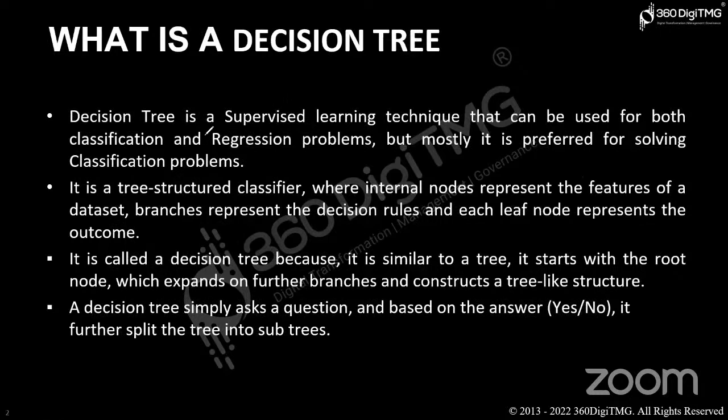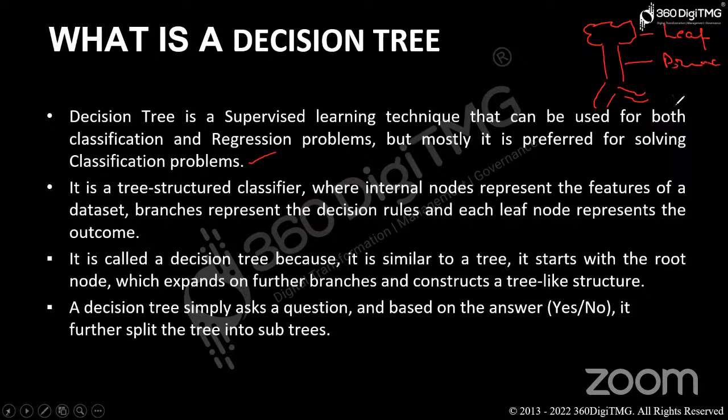Besides classification, a decision tree can also be used for regression problems, but mostly it is preferred for solving classification problems. It is a tree-like structure. When we talk about a tree, a tree has leaf, branch, and root.